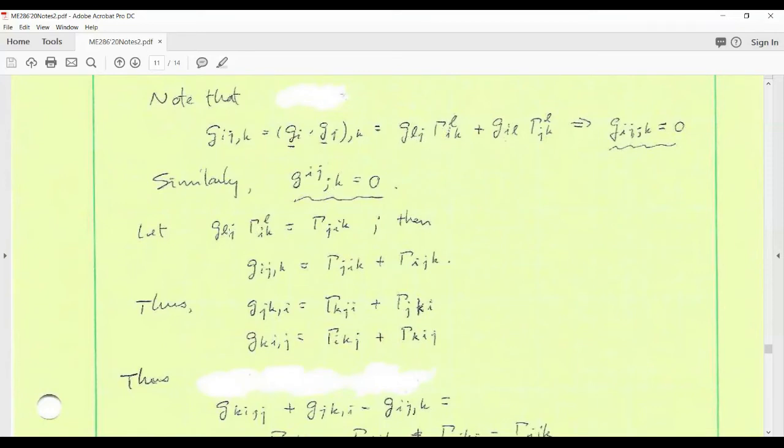Let's agree to lower the index L in this manner. In other words, I will define gammas with subscripts, like so, to be the result of lowering the index L in this manner.